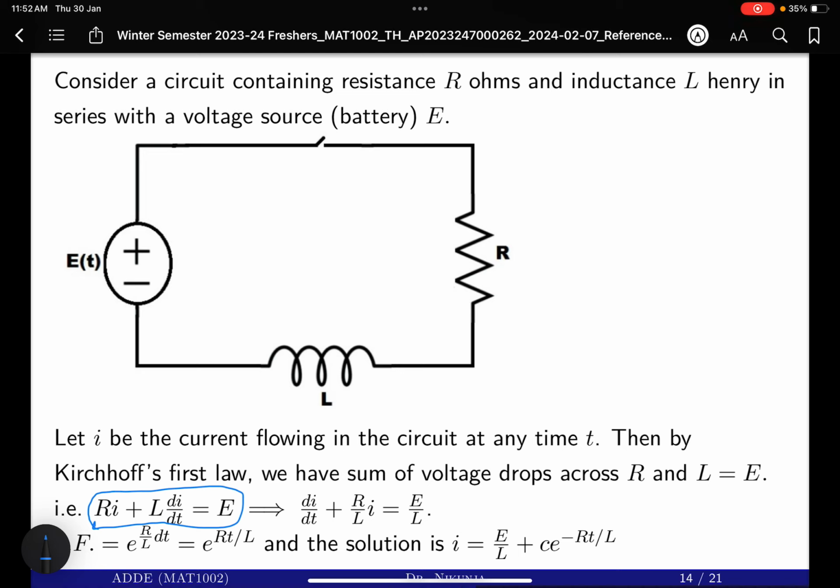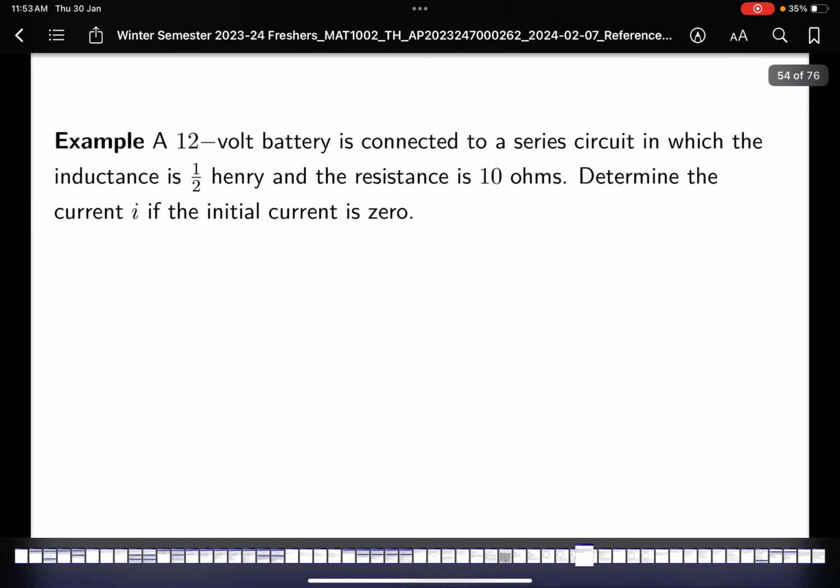If you write this formula properly, it leads to the standard form of a first order linear differential equation: dI/dt plus (R/L) I equals E/L. Immediately you can find the integrating factor, and by applying that formula you will get the expression for I as well. So this is another example.